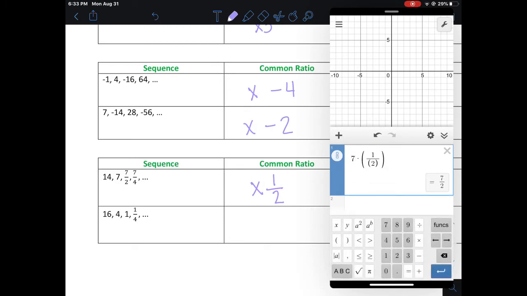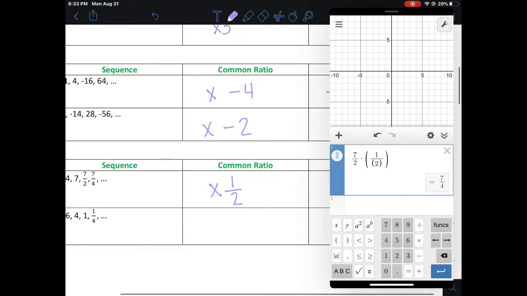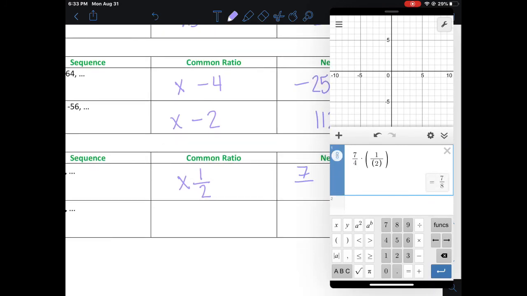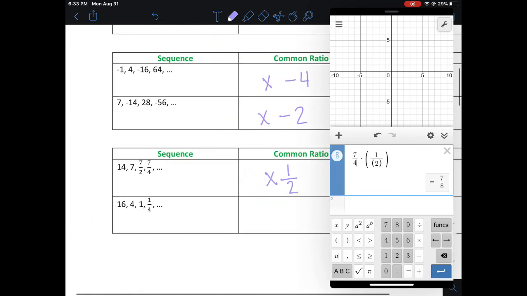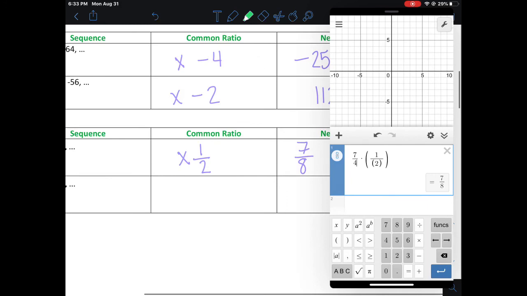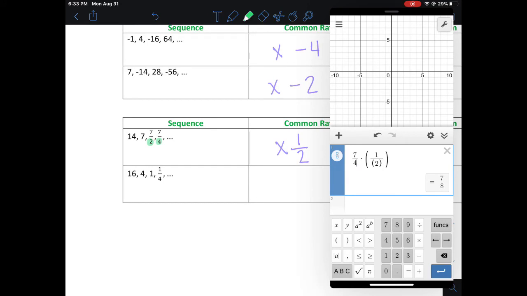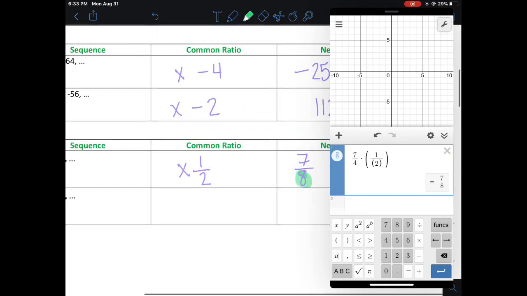And then we do 7 halves times 1/2, and I get 7/4. Now we're at 7/4. What's our next term? We'll go 7/4 times 1/2, and I get 7/8. Now notice that these denominators are going up by doubling. So 2, 4, 8, because I multiplied by 1/2. So the bottom is doubling each time, and the numerator is staying the same.